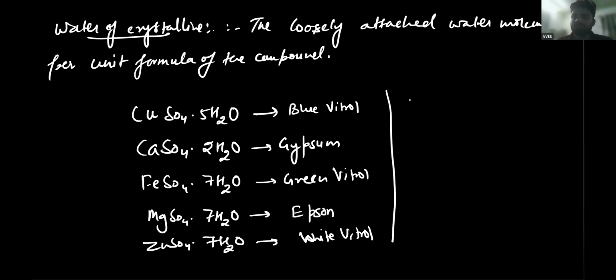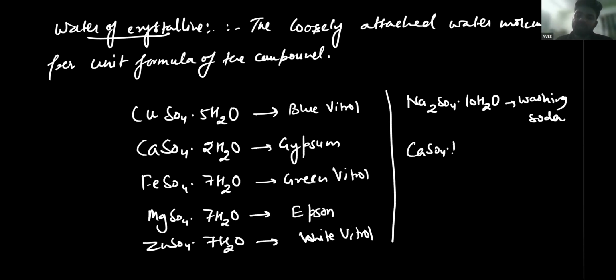Next one is Na2SO4.10H2O, and this is called washing soda. And plaster of Paris is CaSO4.half H2O, that is plaster of Paris. Note it down.